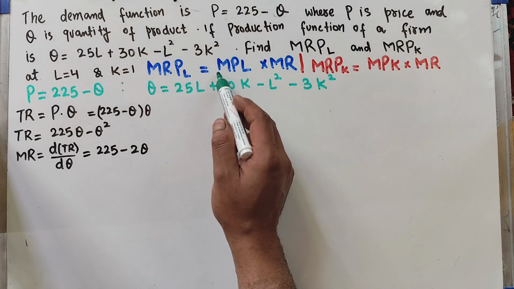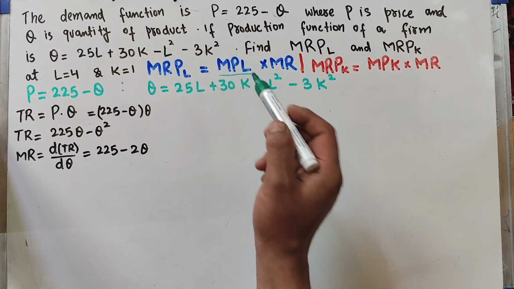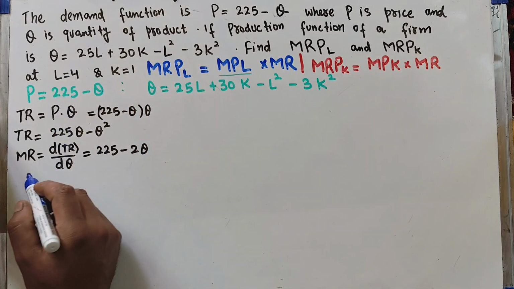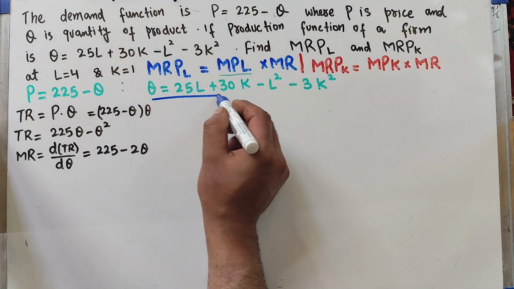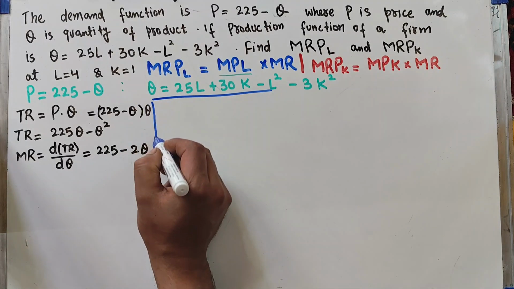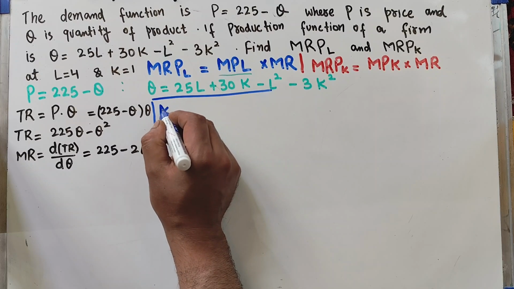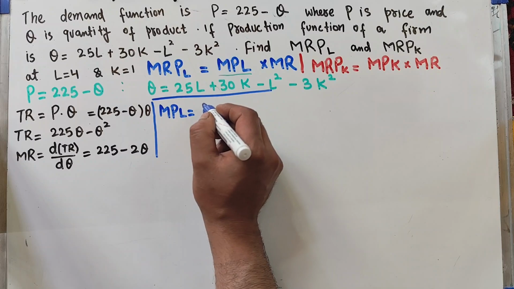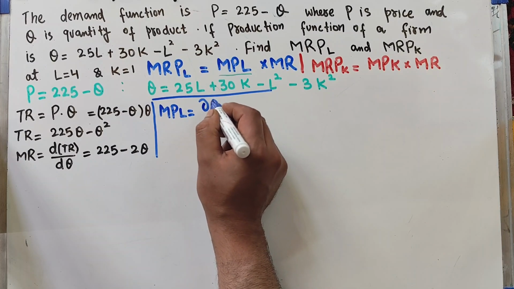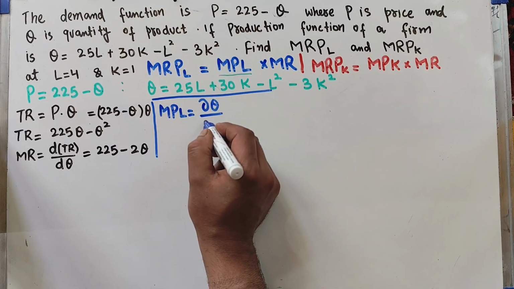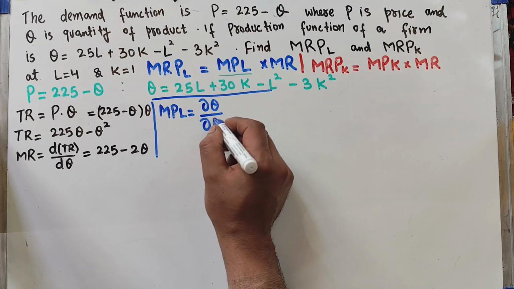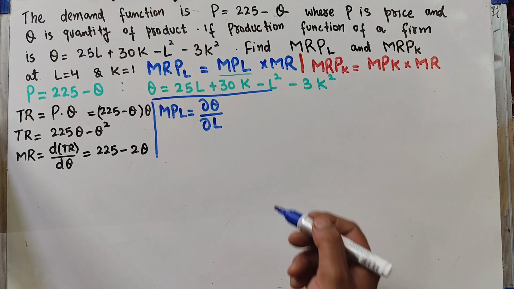Then also we need to find out the marginal product of labor, and it can be found out from the production function. This is our production function. So let us first find out the marginal product of labor. That is simply equal to the change in the output due to the change in the quantity of labor employed.